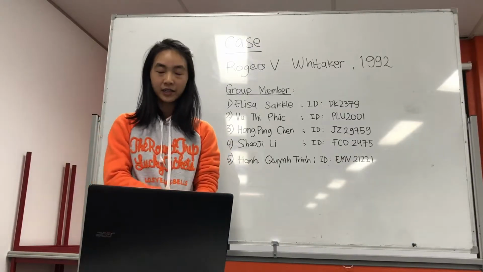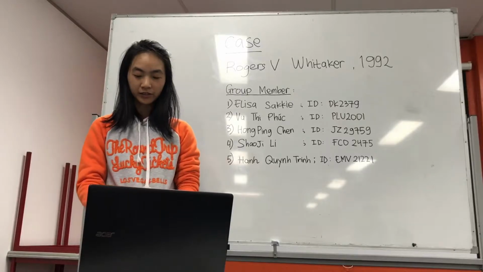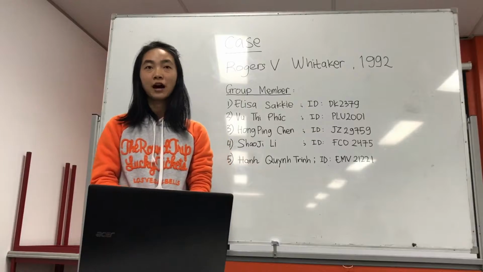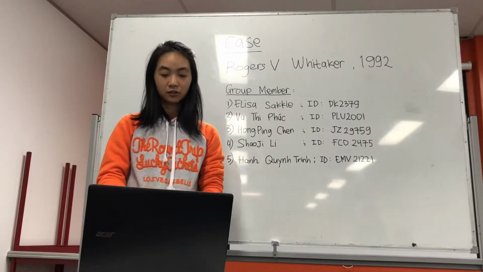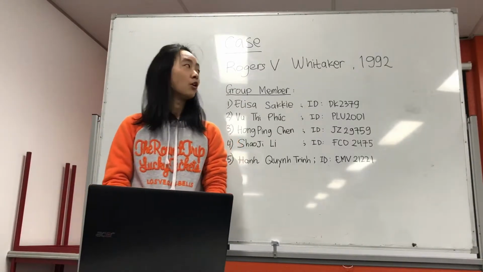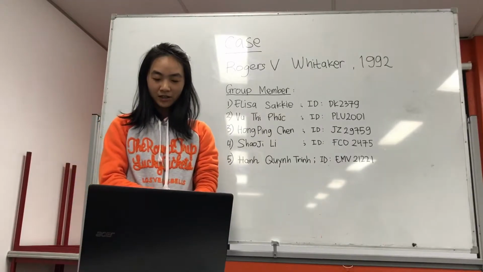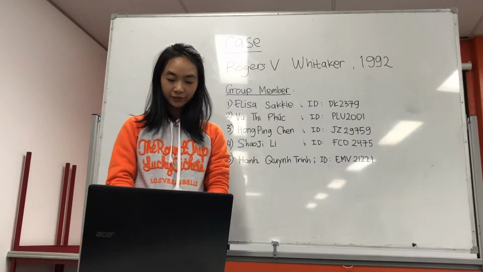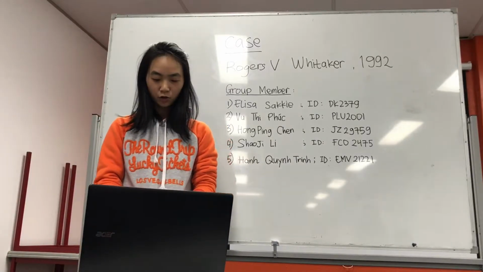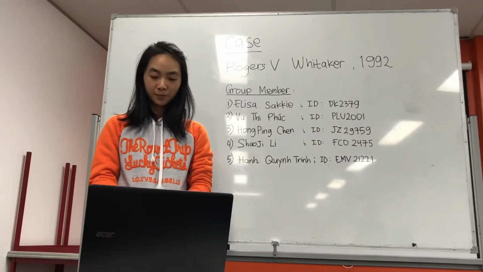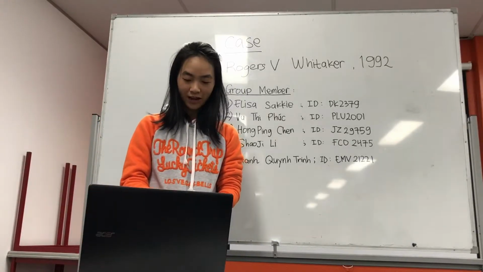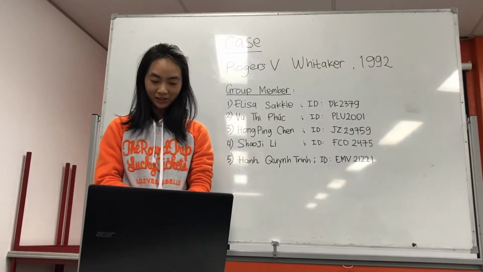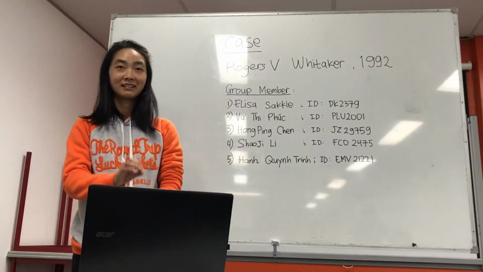If the doctor acts in accordance with a practice accepted at the time by a responsible body of medical opinion, this means not negligent. On the other hand, the therapeutic privilege should be considered. In some situations, if the doctor tells the patient the whole truth, and the doctor believes that the disclosure of a risk would harm the patient, the doctor is not in breach of the duty of care.